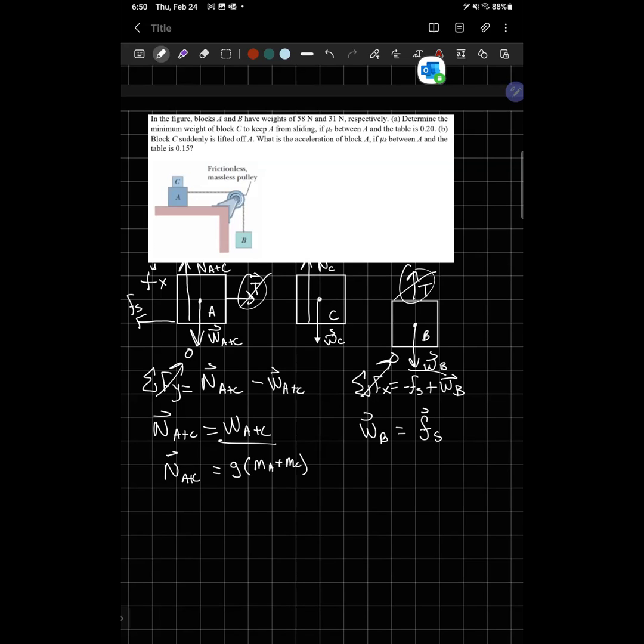Next, I'm gonna go over here. So WB equals, what's it looking for? Determine the minimum weight of block C. What is the equation for static friction? Or friction?